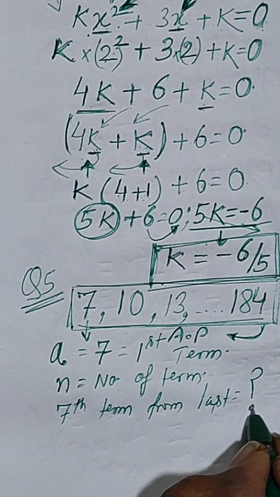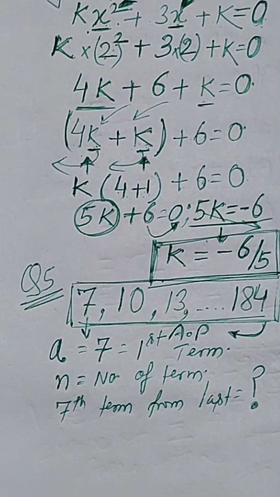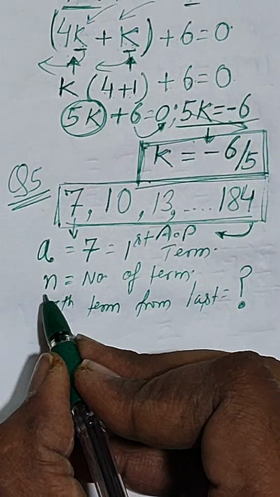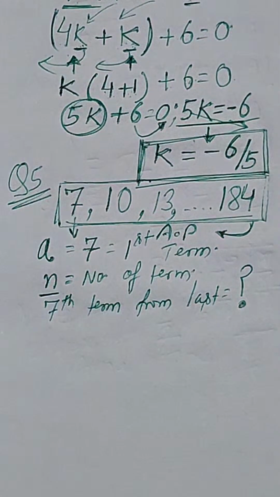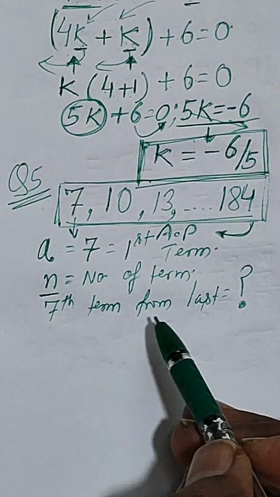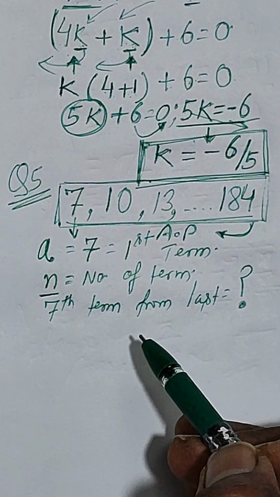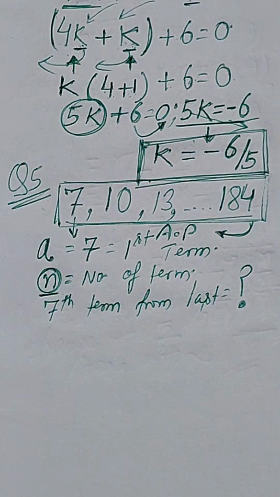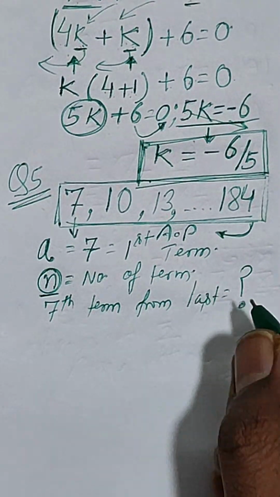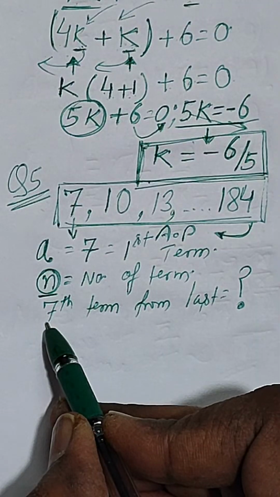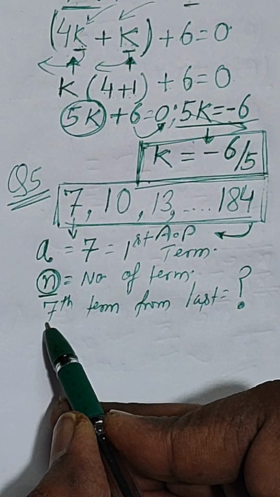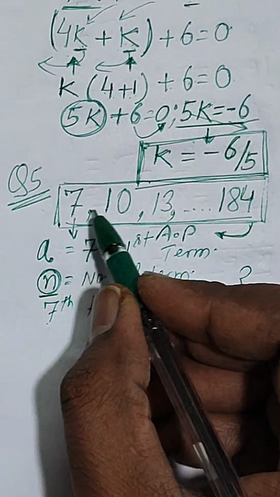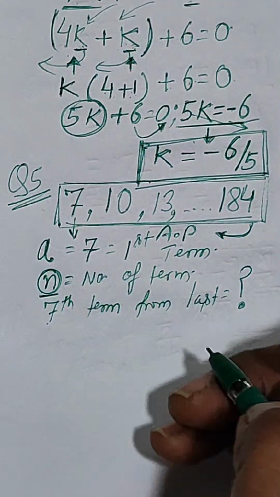So you will find the number of terms first. Yes, Rambhakt, perfectly fine. Unless you find the number of terms, you will not be able to find which will be the seventh term from the last. So it's simple. Use a plus n minus 1 into d over here.